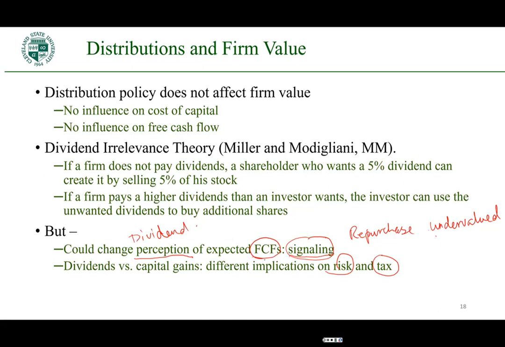Dividends usually carry higher risk since dividends are expected to be paid out regularly. But repurchases, in the form of capital gains, are usually isolated, and the firm doesn't need to commit to paying them out regularly. So dividends come with higher risk for firms. And from investors' point of view, if firms are committed to dividends, maybe they are anticipating less risk in the coming years.